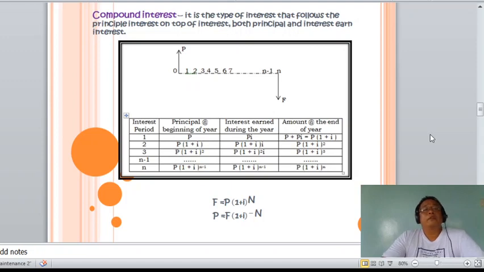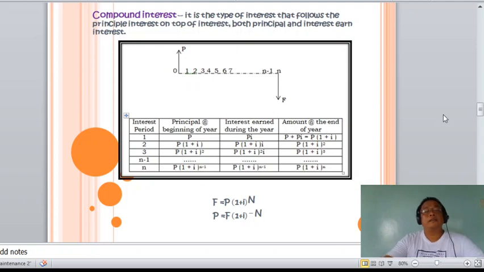This compound interest is the type of interest that follows the principal, the principal interest on top of interest. So, both principal and interest earn interest. Okay, so this is different.